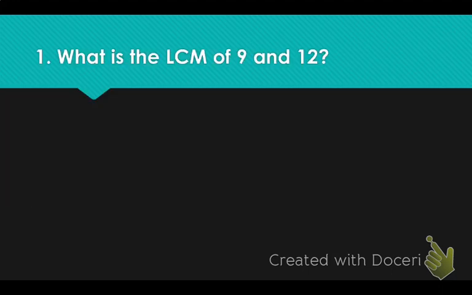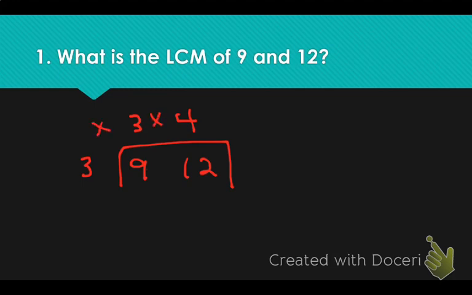Number one, first one, what is the LCM of 9 and 12? So to solve that, we would say 9 and 12, and we can use the cake method. You can divide both by 3, and that would be 3 and 4. 3 and 4 are in counting order, so we can't go again. And remember, this is the LCM, so we have the sideways L, and you need to multiply these.